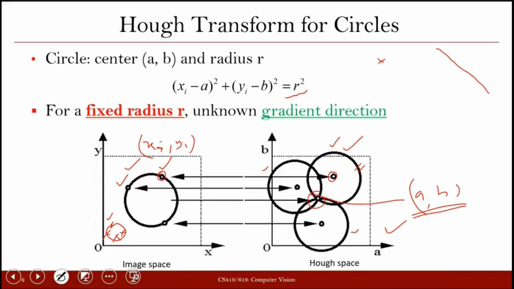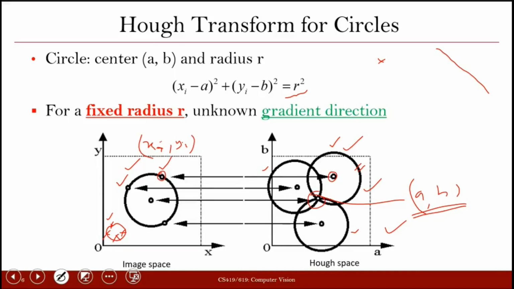parameter for the circle. If you have only one circle, then you may have only 1 point here which has more votes. If you have 2 circles, you will have 2 points where you will have more votes. If you have n circles, you will have n points here in the Hough space with more votes. Again, whether the votes are more or less will be decided based on a threshold.